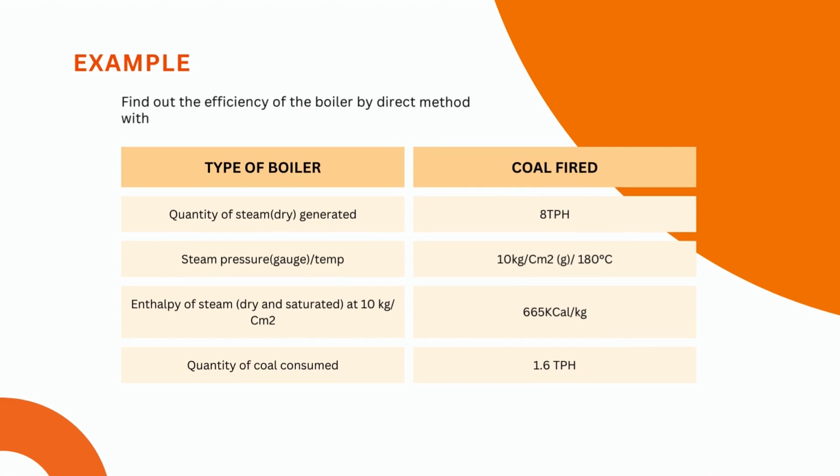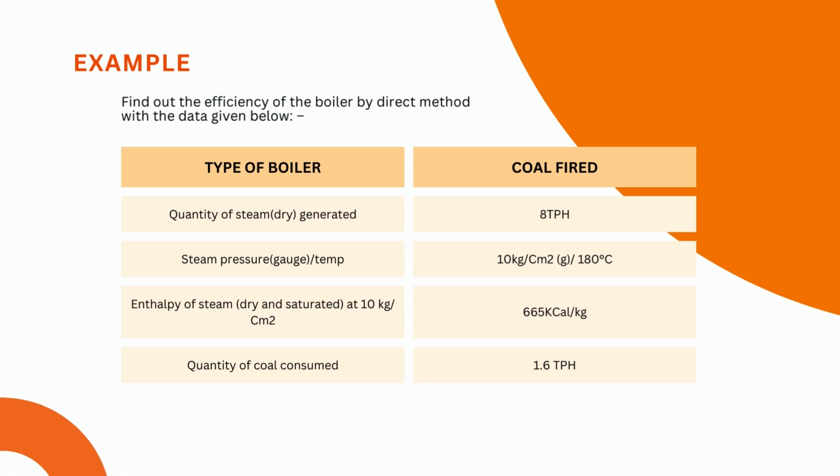If the question asks to find out the efficiency of the boiler by direct method with the data given below. The type of boiler is coal fired, quantity of steam generated is 8 TPH, steam pressure and temperature are 10 kg per centimeter square and 180 degree Celsius, enthalpy of steam, dry and saturated at 10 kg per centimeter square, is 665 kilocalorie per kg.